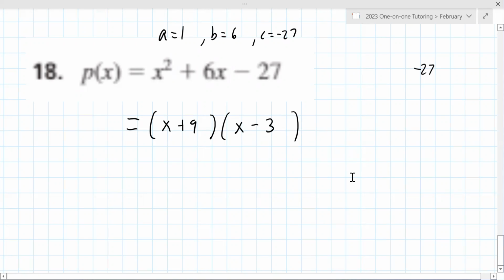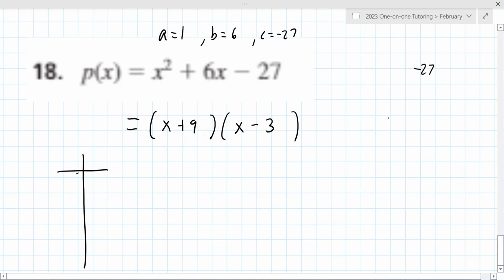18x plus 9x minus 3. So then that means for the table, what is the vertex?